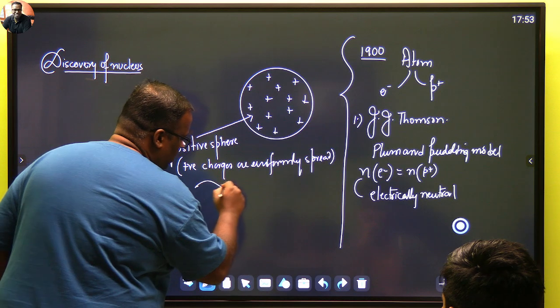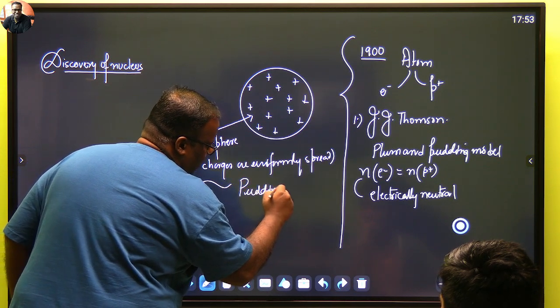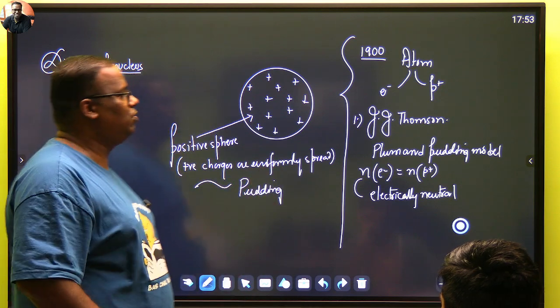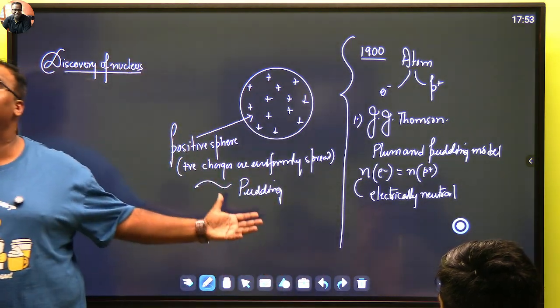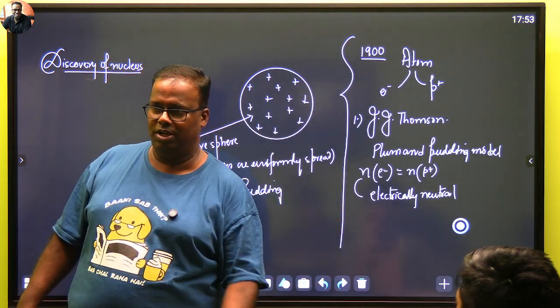This is analogous to the pudding, or in our desi bhasha, if J.J. Thomson was Indian, he would have said kheer ki tarah hai. Pura positive charge kheer ki tarah बिखरा हुआ है. Are you understanding?